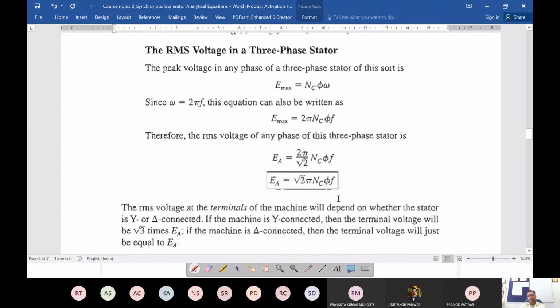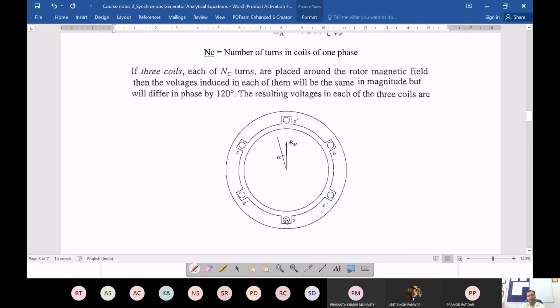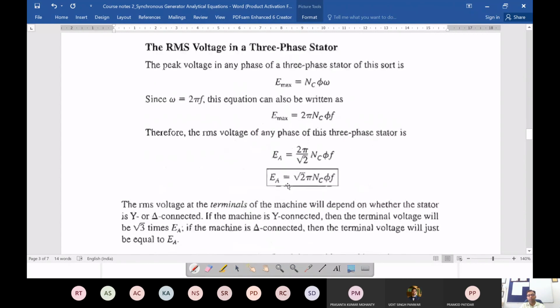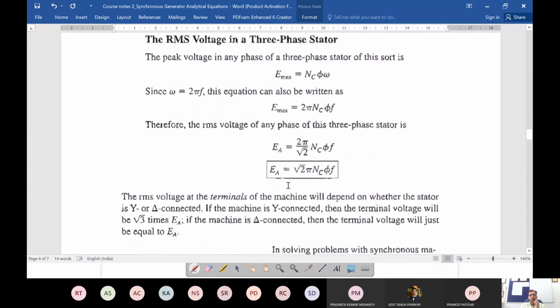Okay, it is in each phase. As we said, there are 3 coils, one coil for each phase, AA dash, BB dash, CC dash. So this is for the coils in a given phase. And the voltage on the terminal of the machine will depend on how these phases are interconnected.